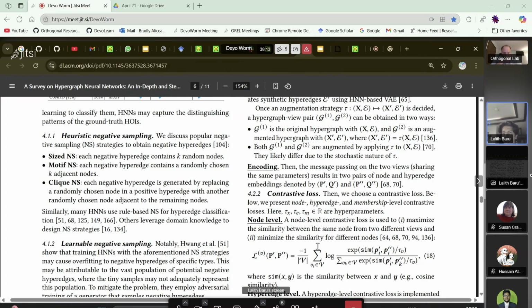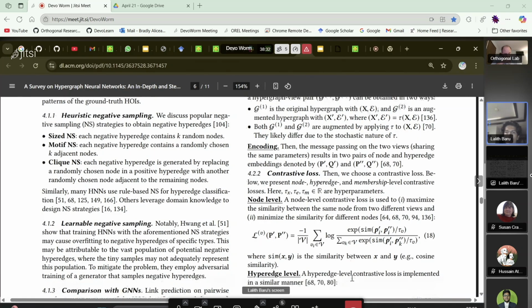Similarly, we use it in the graph, where these are two different graph views, and we try to maximize the similarity between those two views, so that the representation the model acquires captures greater features and the aggregations we are trying to understand.